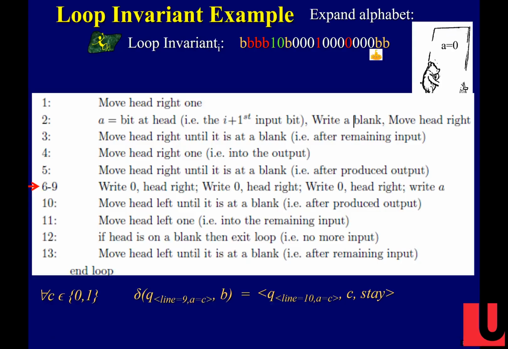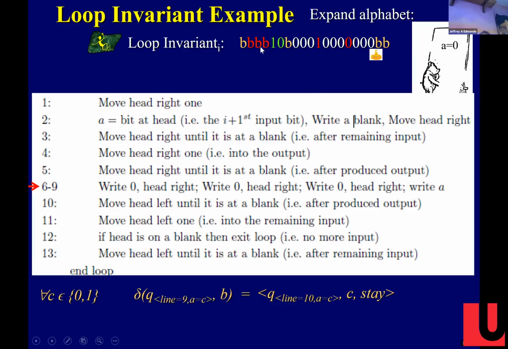I'm sorry, why is A not equal to C prime instead of C? C and C prime were both either 0 or 1, and C was the one that I carried right from the beginning, right?